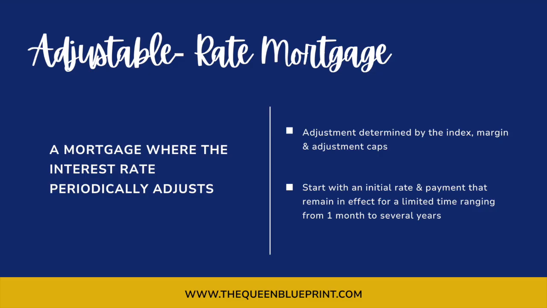With most ARMs, the interest rate and monthly payment can change every month, quarter, year, 3 years, or 5 years. Okay? So the period between rate changes is what is called the adjustment period. Okay?